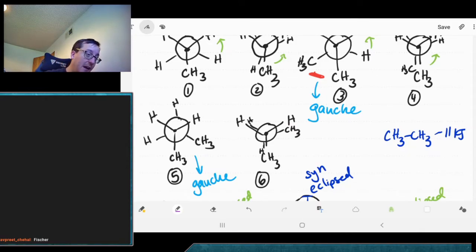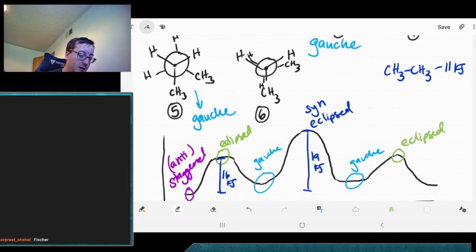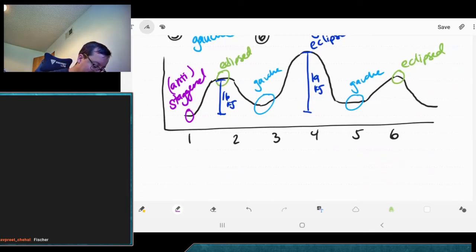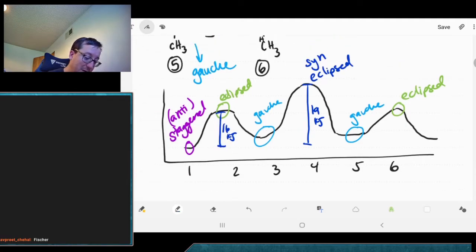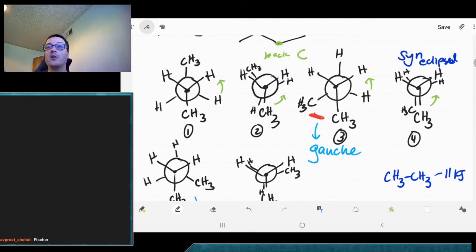So for number 8 for your homework, you're going to be doing something just like this, but you're going to be using a different molecule. So this is just butane. Number 8 on the homework is 2-methylbutane. So you're going to have an extra methyl group on there. So part of your homework, you're going to be developing a graph like this, as well as all of these kind of things.